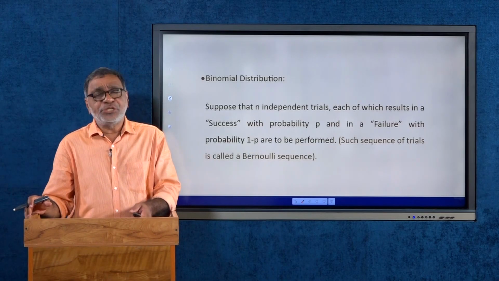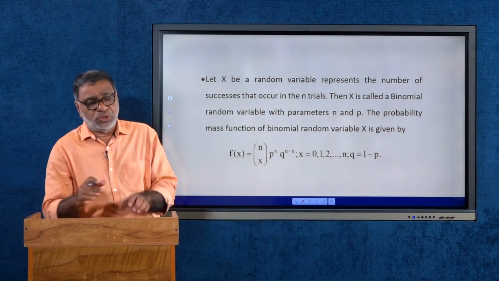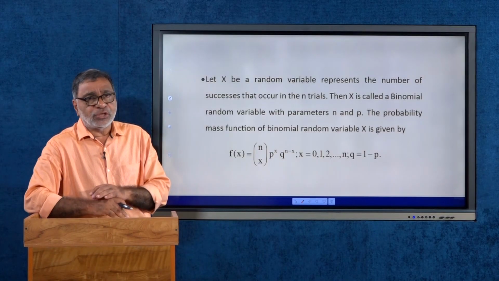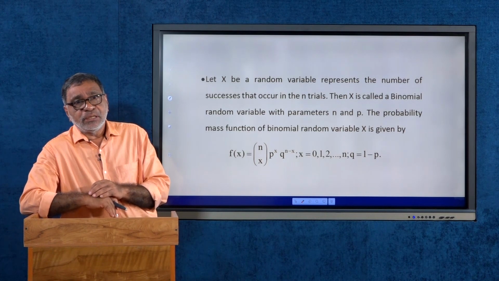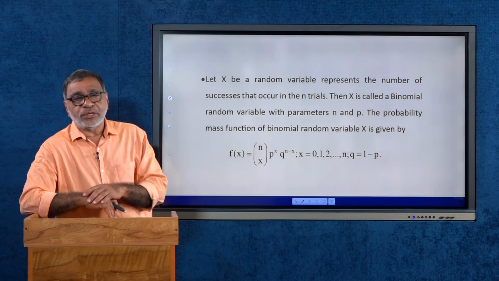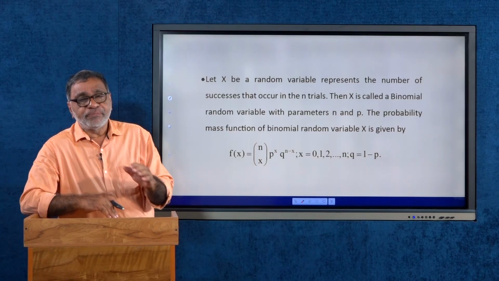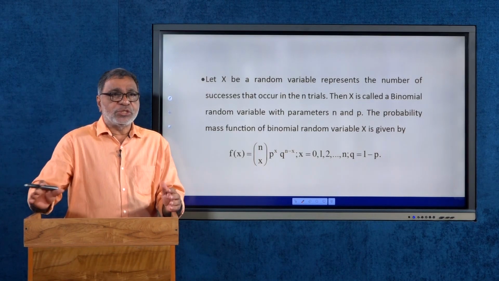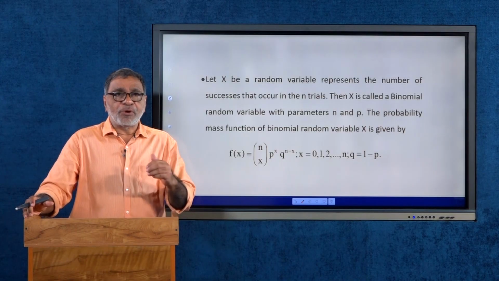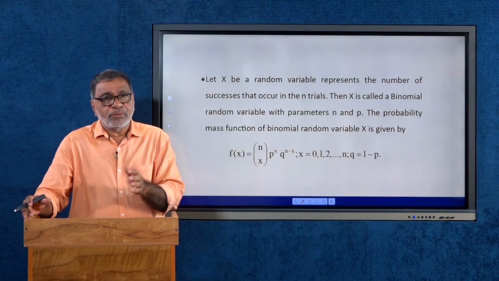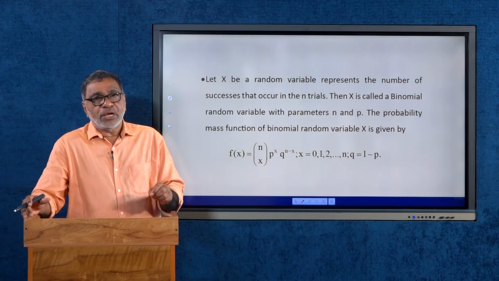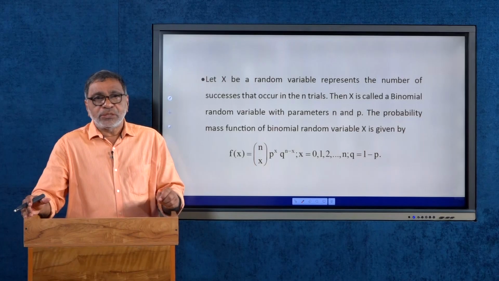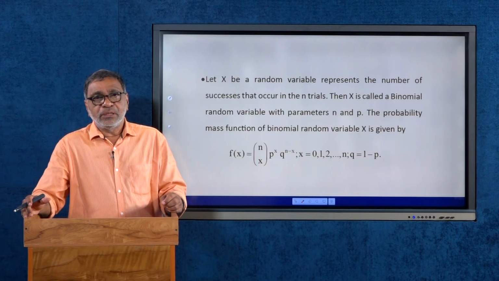In the case of that Bernoulli sequence, our aim is finding the probability of getting x successes out of n trials.